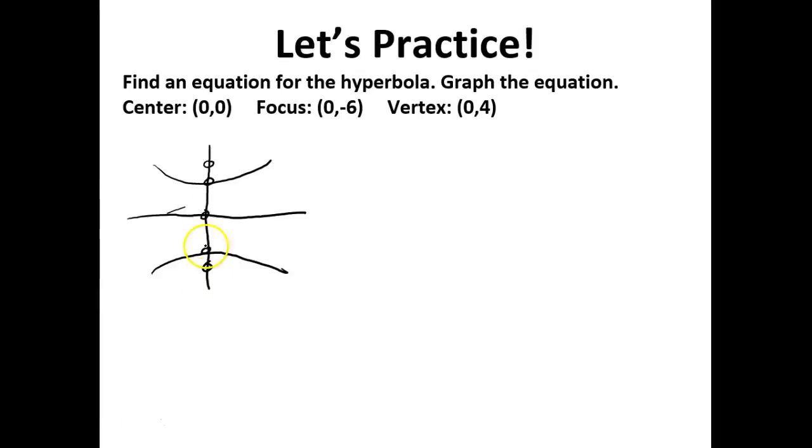The transverse axis is along the y-axis, so I know that y squared is going to have to start off. Y squared over a squared minus x squared over b squared is equal to 1, where b squared equals c squared minus a squared. A squared comes from the vertex, 4 squared, or 16.